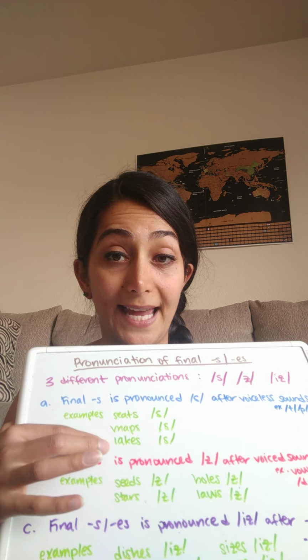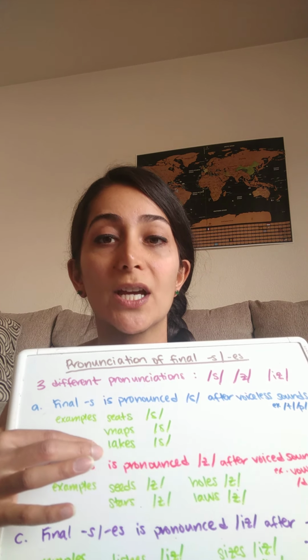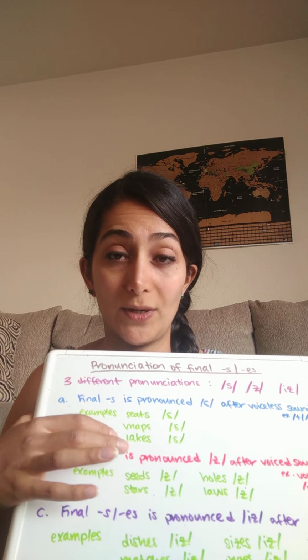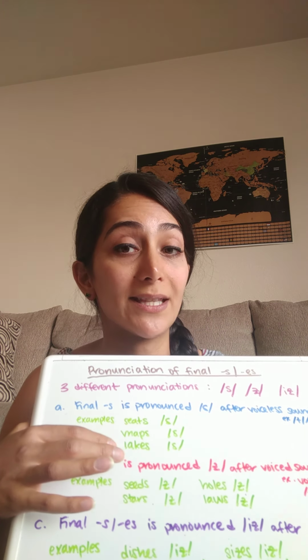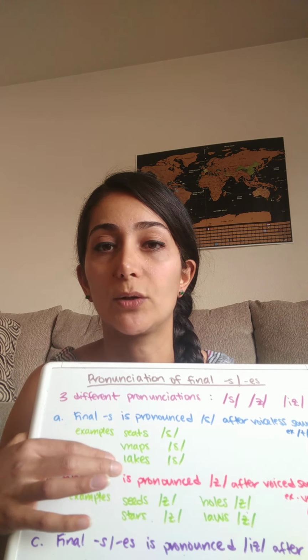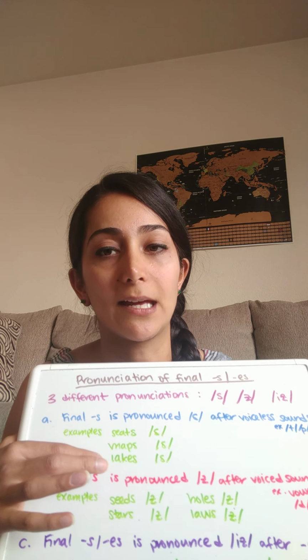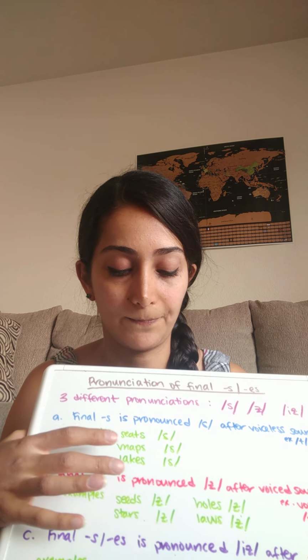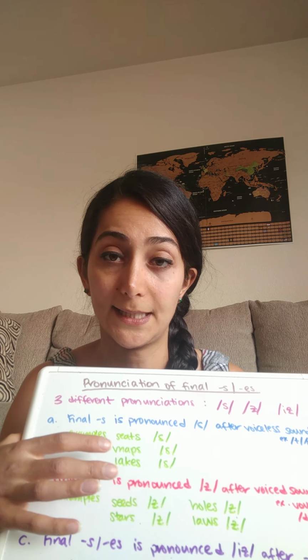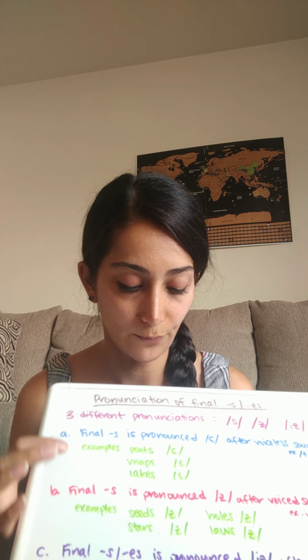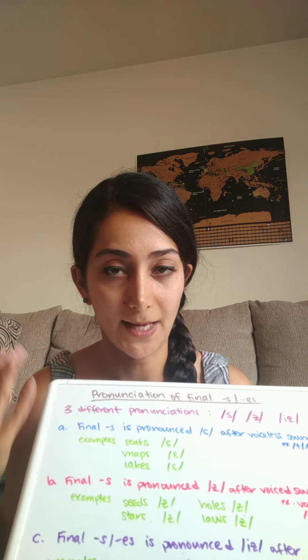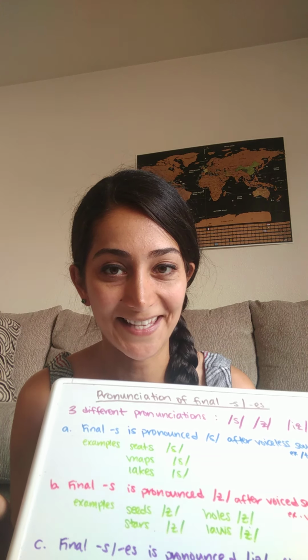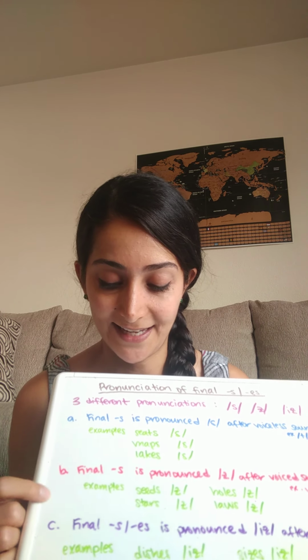The singular form is lake, which ends with k. I know you see the letter E, but the sound that it ends with is k, right? We don't say lakeh, we just say lake. So voiceless k is followed by voiceless s. Voiceless, voiceless, a pattern we commonly see in linguistics.